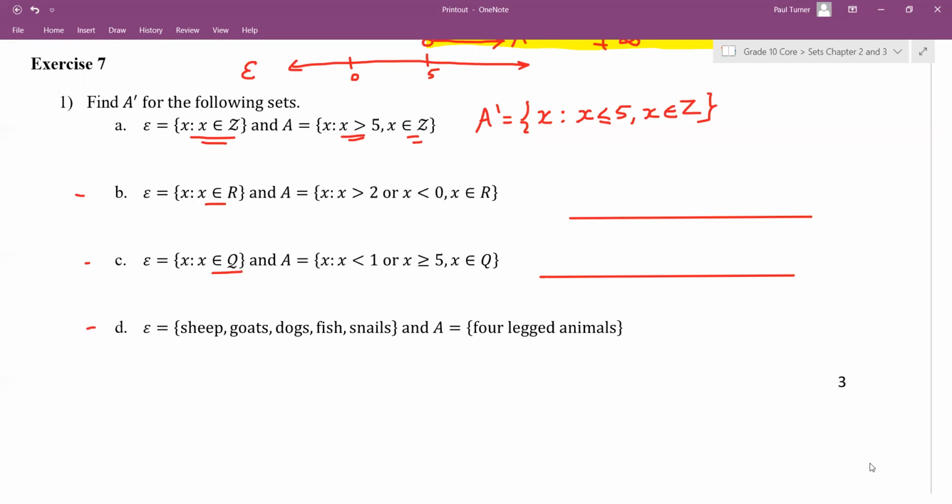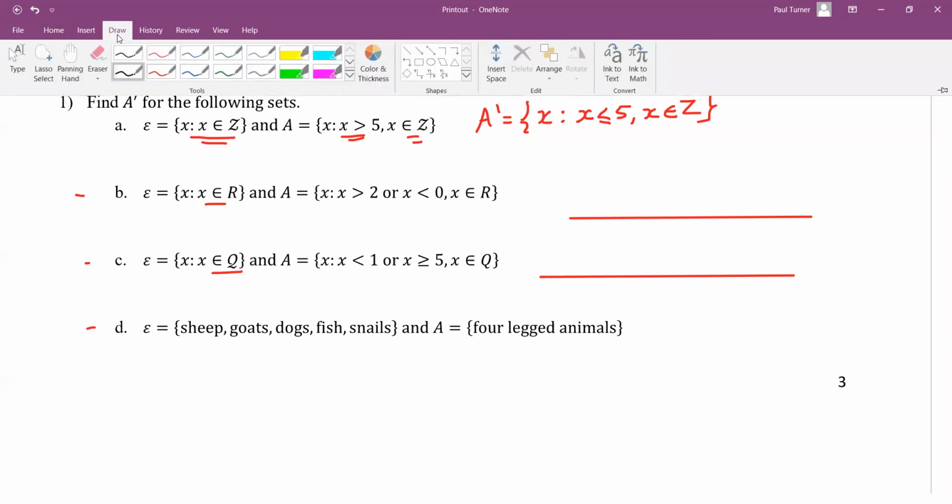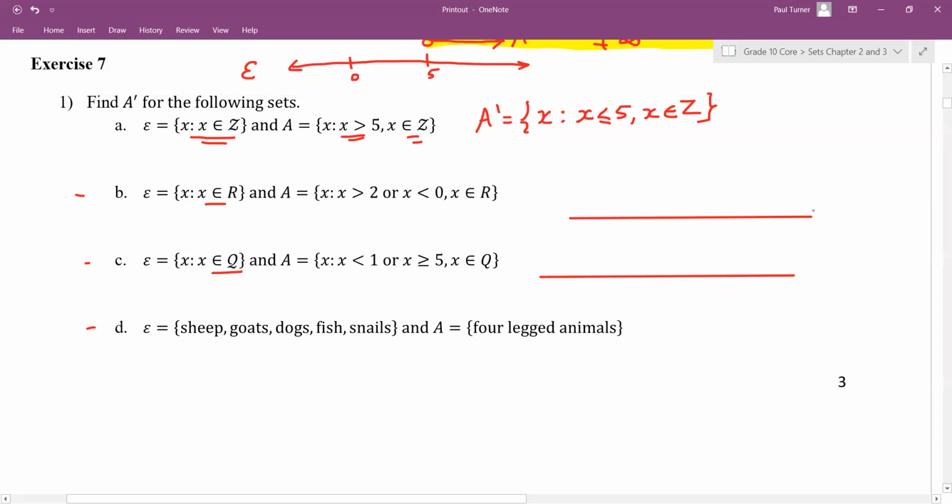But question D, you don't need a number line. So this is your real numbers. So that's your universe of real numbers. And this is your universe of rational numbers. But we can use number lines, right? So I'll come back in a minute.